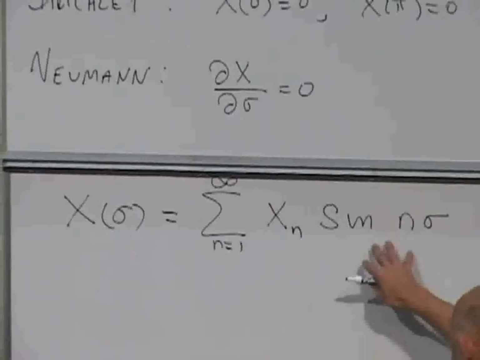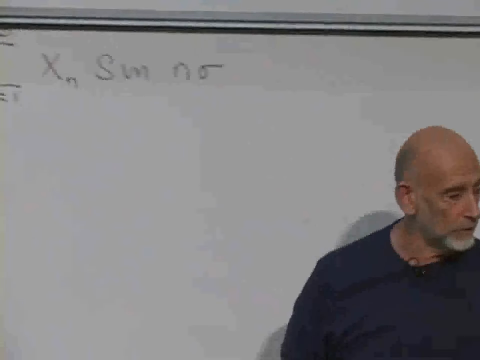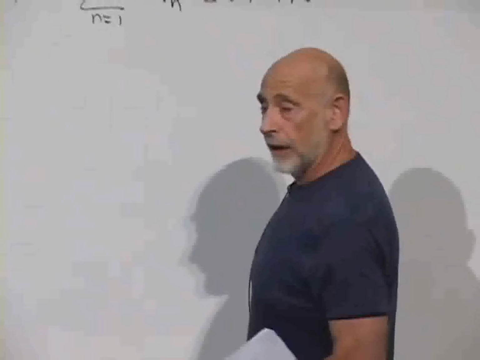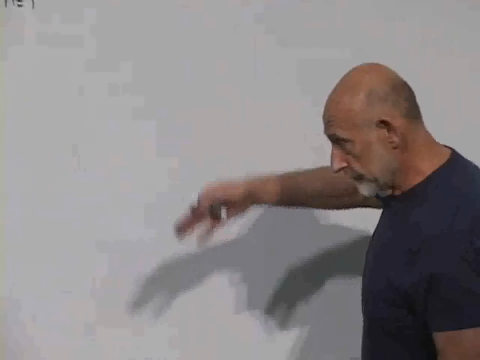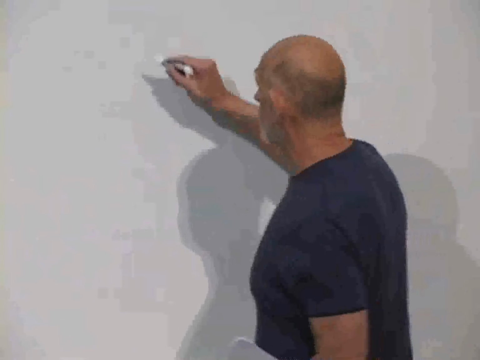The most general function that satisfies Dirichlet boundary conditions, and which is continuous, and for our purposes, differentiable, all the good things, the most general function which satisfies that can be written as a sum of oscillating functions like this. Right? This is Dirichlet.